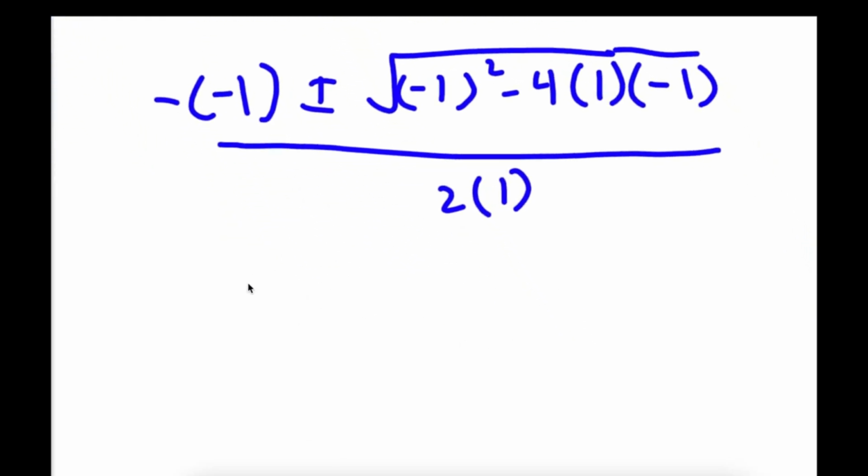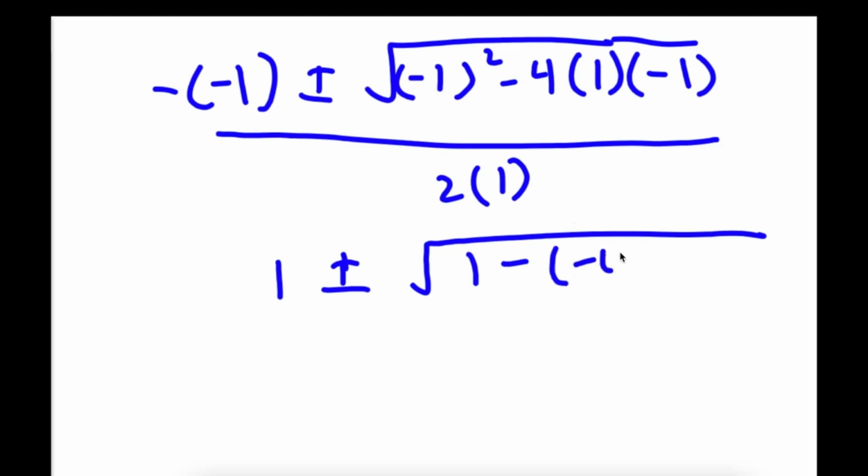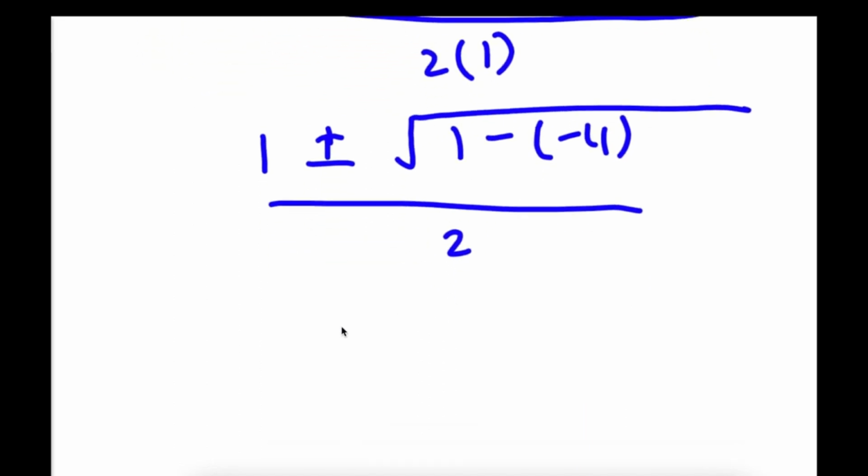Now if we simplify this, negative negative 1 is positive 1, plus or minus the square root of negative 1 squared is 1, minus 4 times 1 is 4, 4 times negative 1 is negative 4, all over 2 times 1 is 2.